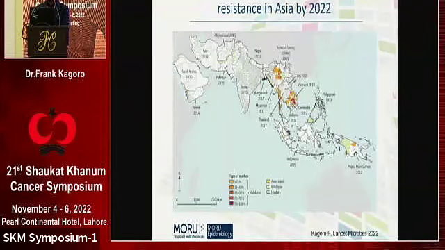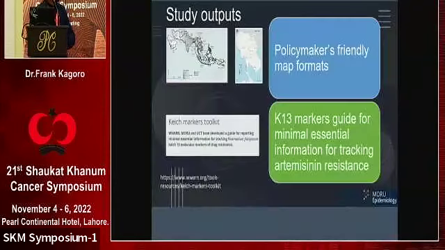But was that enough for research? We thought probably no. Despite we have done this, we learned a lot of things about data. Data was not harmonized. People reported different things, and the policymakers didn't understand. If you tell me resistance, you put it on a map, what does it mean?